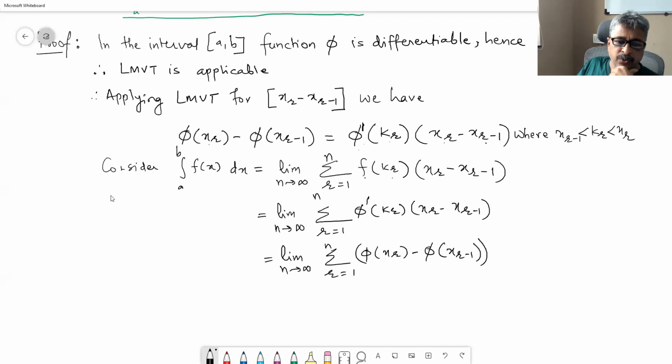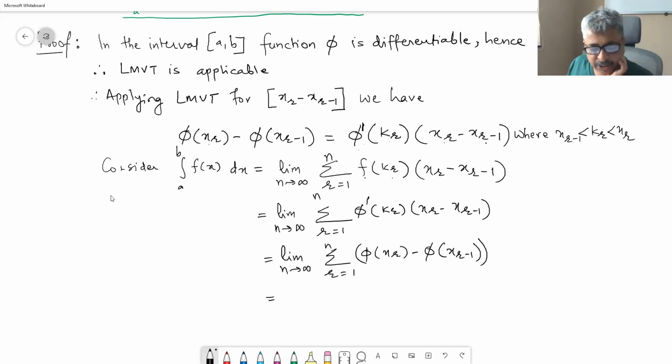Okay, so now you understand that when r is equal to 1, this will be phi evaluated at x1 minus phi evaluated at x0, phi evaluated at x2 minus phi evaluated at x1, and so on.